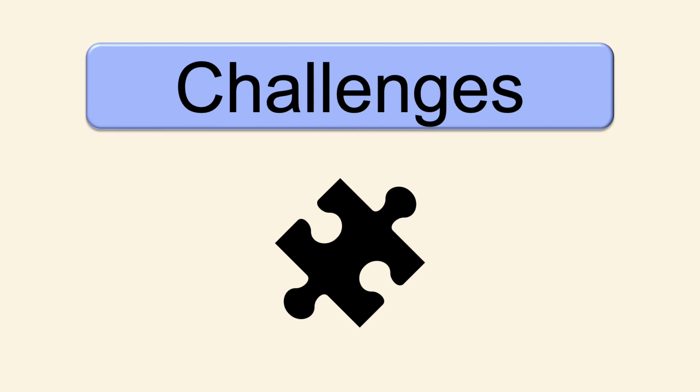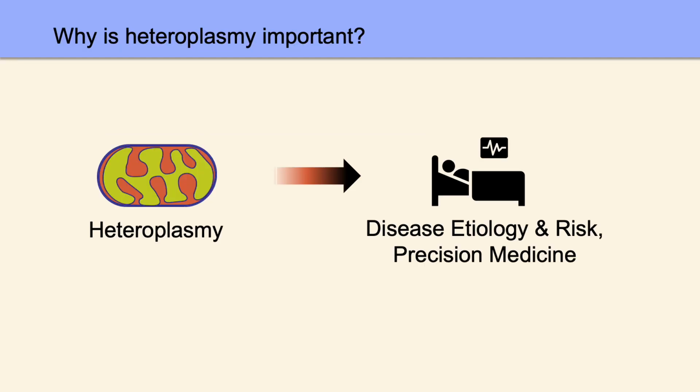So I've told you about some of the problems we faced and some of the issues that we need to deal with when we do the analysis of next-generation sequencing of mitochondrial DNA. I probably don't need to convince this audience of the importance of identifying and quantifying heteroplasmic variants. I want to emphasize, however, that mitochondrial DNA variation also plays a critical role in common complex disease, as myself and other authors have shown.